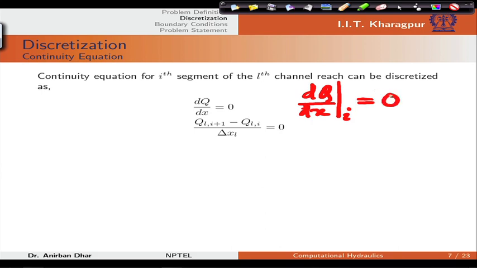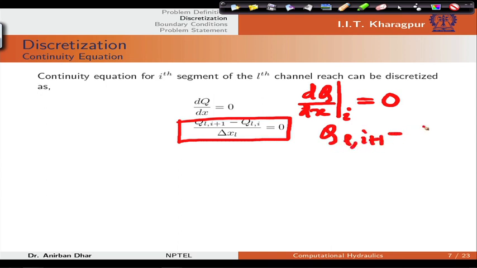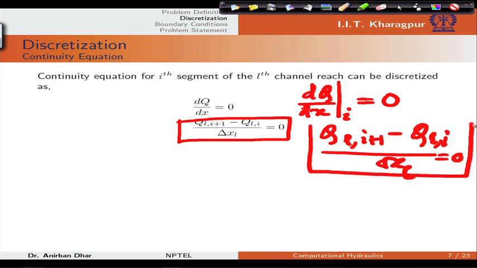Now, for this case we can get this discretization: Q L I plus 1 minus Q L I divided by del x L, this is equal to 0.